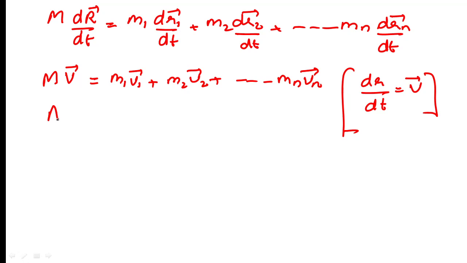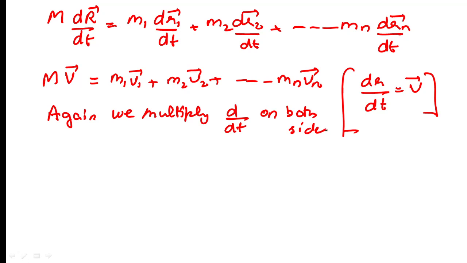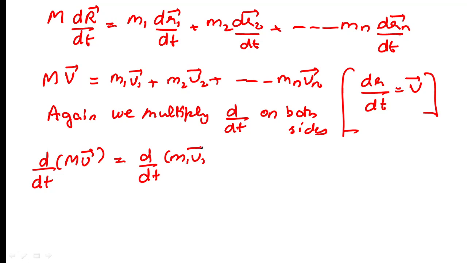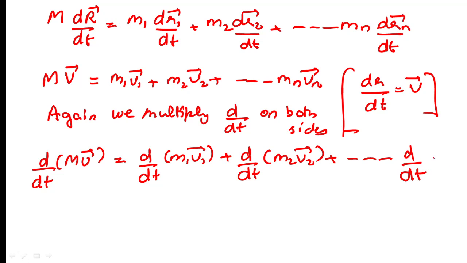Again in the next step, we multiply by d upon dt on both sides. So we obtain d upon dt of M V equals d upon dt of m1 v1 vector plus d upon dt of m2 v2 vector plus up to d upon dt of mn vn vector.